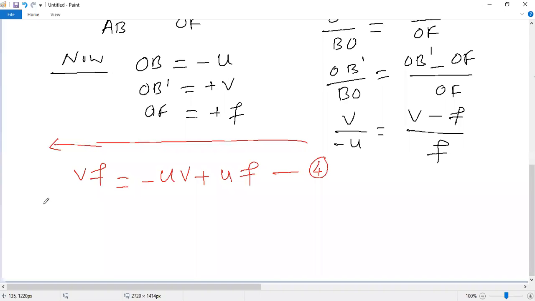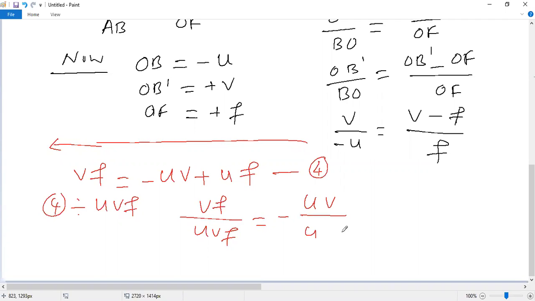Equation number 4, I will divide by uvf. vf divided by uvf is equal to minus uv divided by uvf plus uf divided by uvf. Now cancel the values.